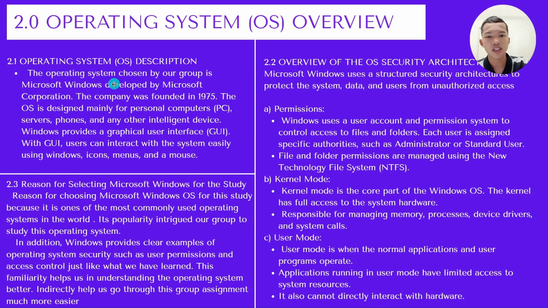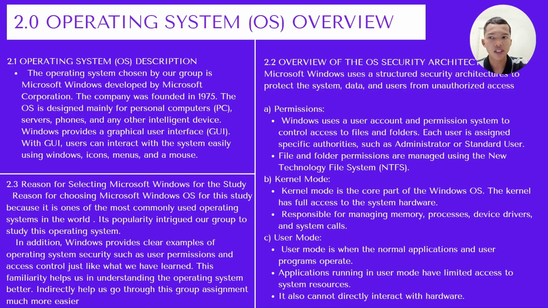Okay, now we go to the 2.0 operating system overview. The first is 2.1, the operating system or OS description. The operating system chosen by our group is Microsoft Windows, developed by Microsoft Corporation.